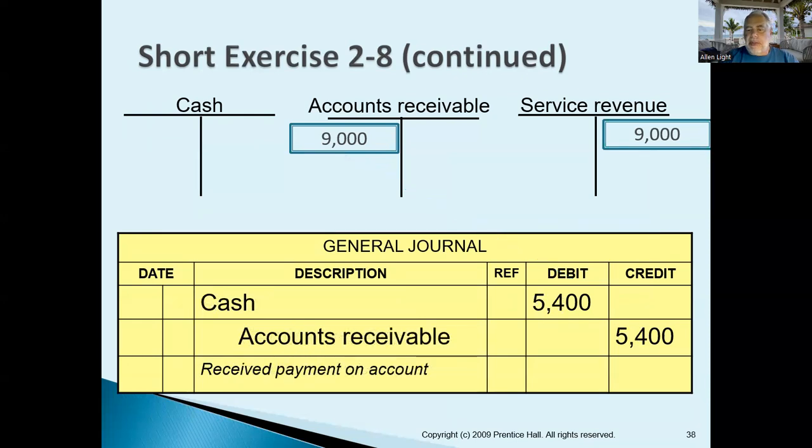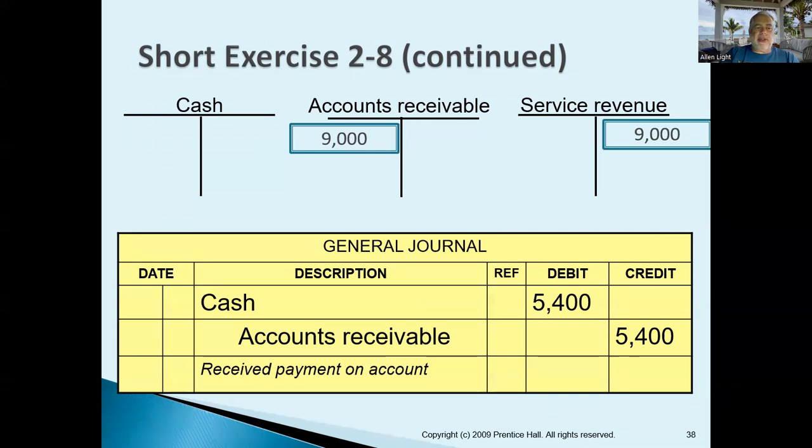Now, the business receives $5,400 cash from the client towards their bill. So if I received cash, that's going to be a debit for $5,400, but I've got to decrease accounts receivable. So that's going to be a credit for $5,400. Remember, decreasing an asset is a credit. So there's my transaction when I received payment on the account.